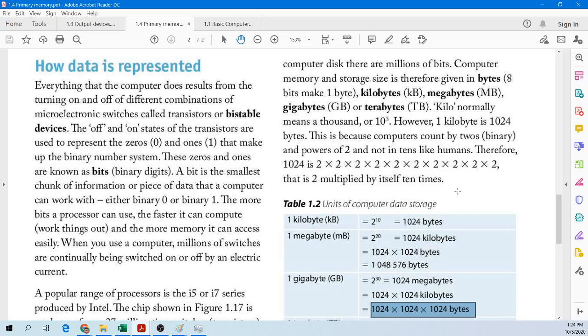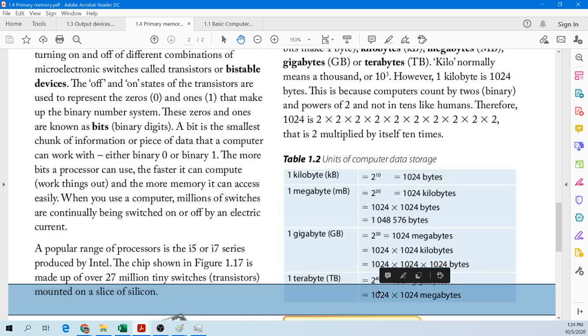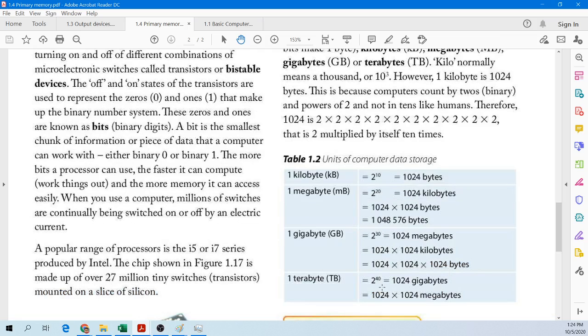If you group 1024 of those bytes, you get a kilobyte. 1,024,000 of the bytes is a megabyte, and 1,024,000,000 of those bytes is called a gigabyte. And the calculation basically goes on like that. If you multiply 1024 by 1024 megabytes, you get a terabyte and so on.